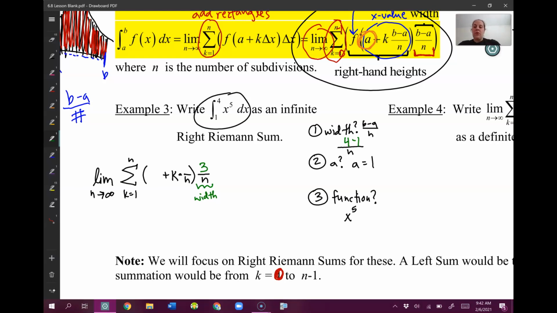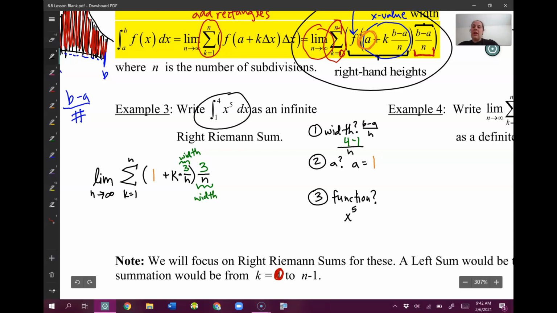Now you'll also notice the width goes there. If you look right here, b minus a goes on top of n again. So the width also goes right there. Okay, next one is your a goes in front of your k. So we know a equals 1. So far so good. Third, the last thing is our function.